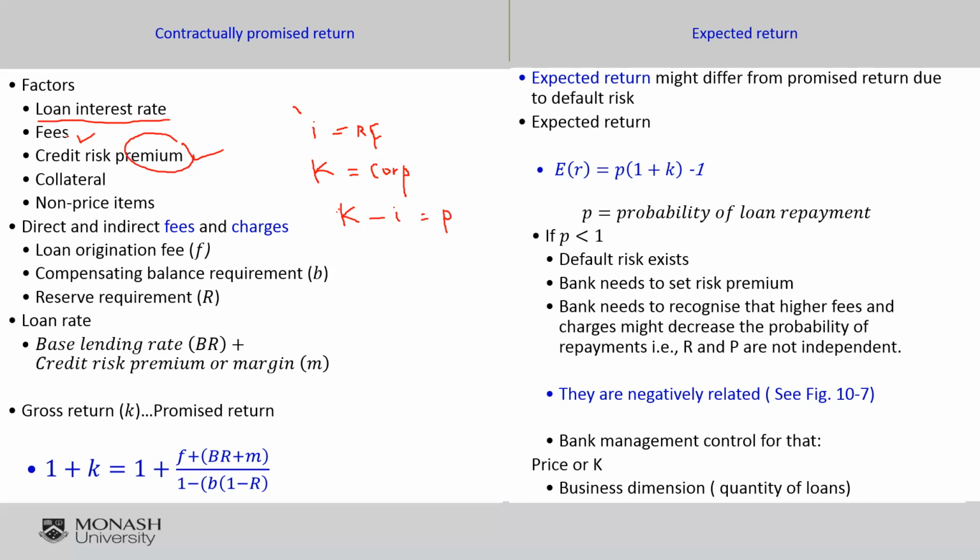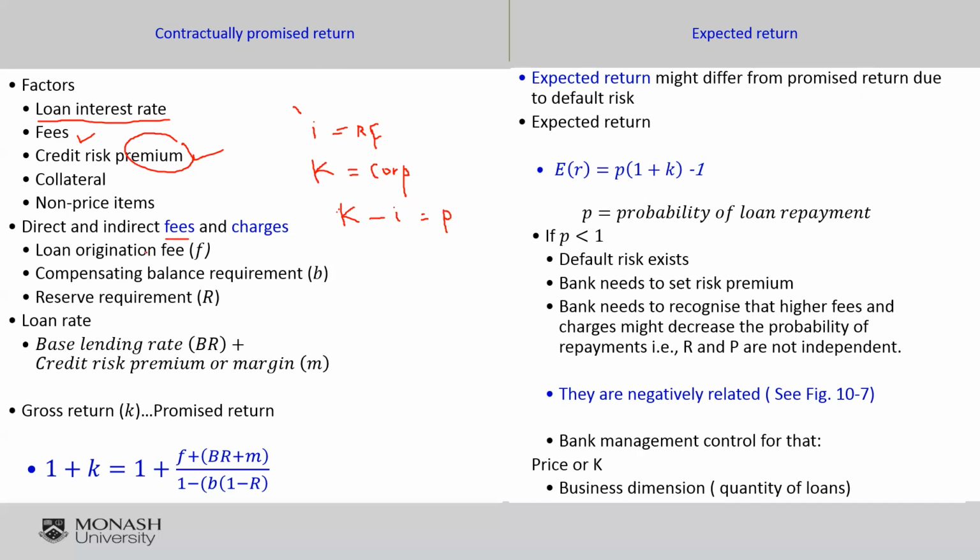So we have to charge a fee, we have to charge a premium, and we can talk about collateral, if they are giving collateral. Collateral means a security against the loan. And we have to include some other non-price items. So let's talk about the fees first.